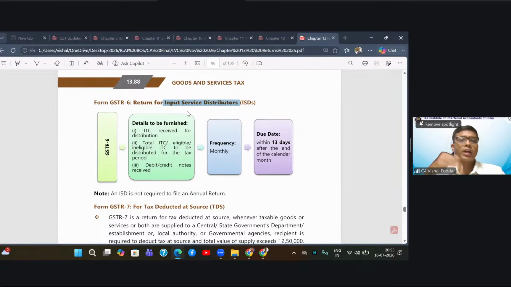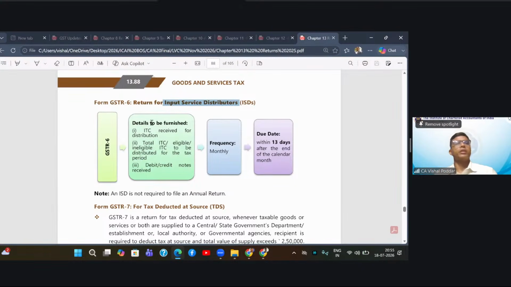This ISD can receive the credit first, which is of those common input services, and then it can distribute the credit to all the beneficiary units. So your ISD, your head office who is receiving common input service, can take the ITC of those common input services and then distribute it using this form, which is GSTR 6.